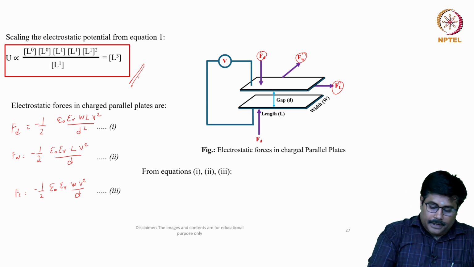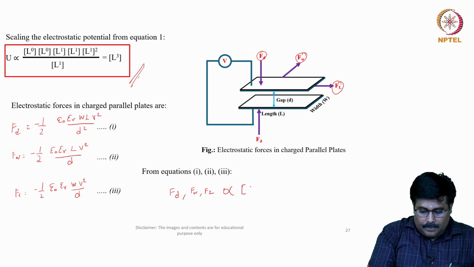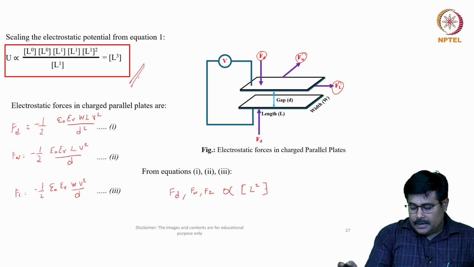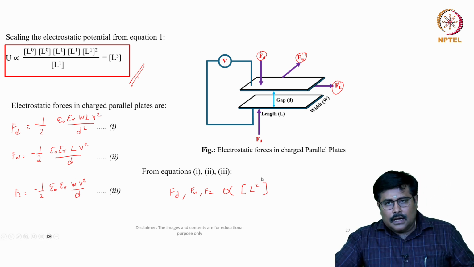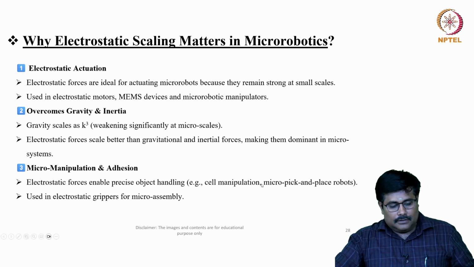So, from the equations we can say FD, FW, FL are directly proportional to L squared. This is the overall configuration followed by these electrostatic forces.